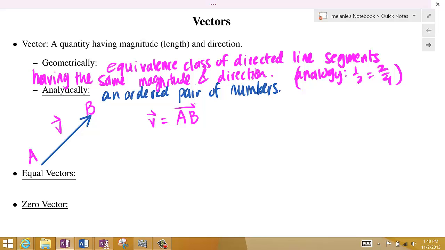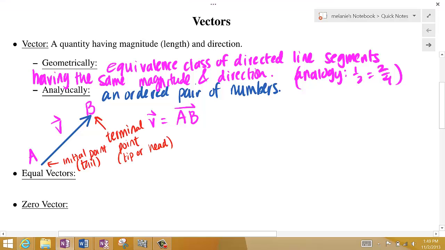Many textbooks will use bold notation for vectors. However, that's difficult to write in bold. We can label my vector with two parts. The initial point, we sometimes call the tail, and the terminal point we may call the tip or the head. I want to point out that the order does matter. It is not okay to say this is vector BA, because it starts from A and goes to B. You have to write it from A to B.